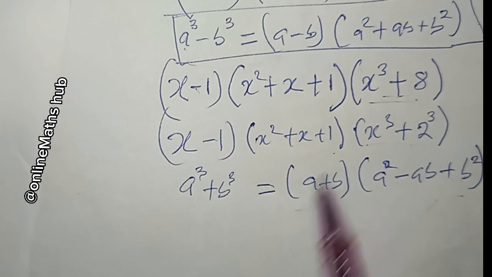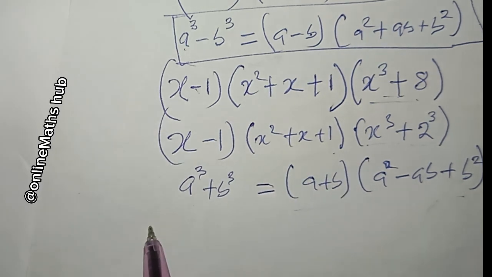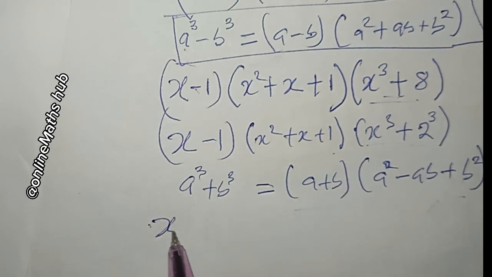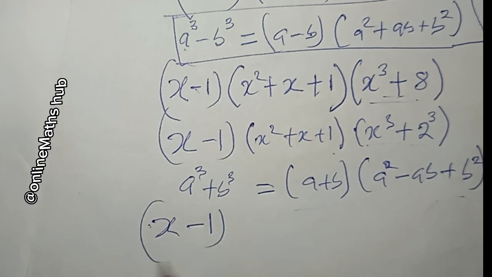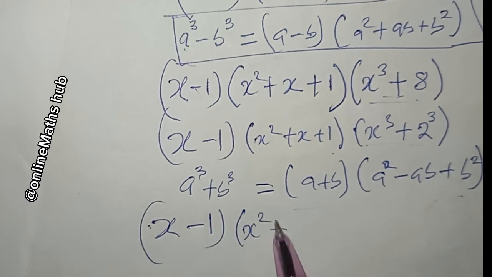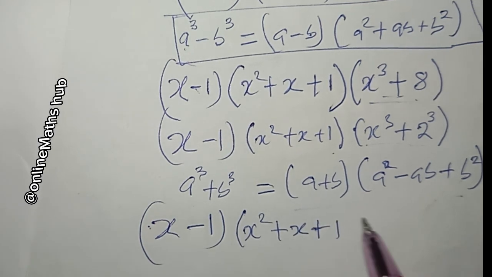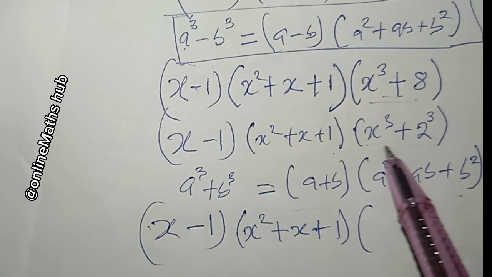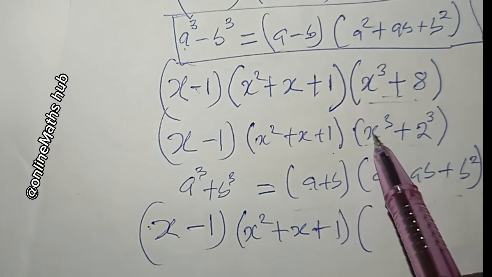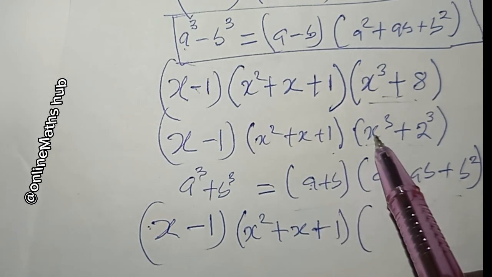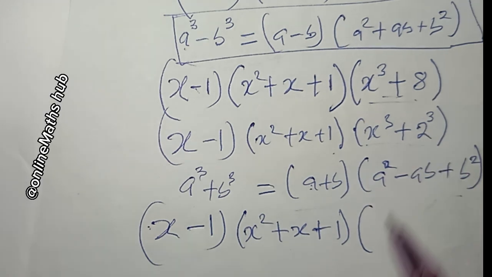These ones are already simplified, so I'm going to leave it that way. So I have x minus 1, and x squared plus x plus 1. In this case a is equal to x and b is equal to 2.